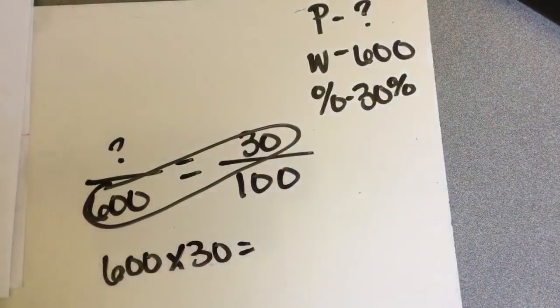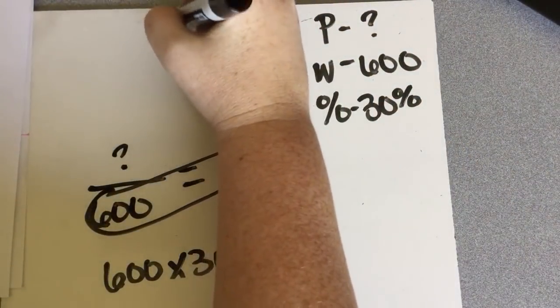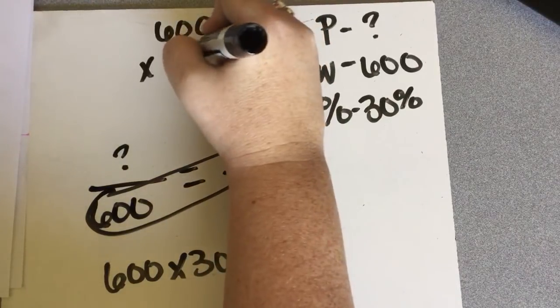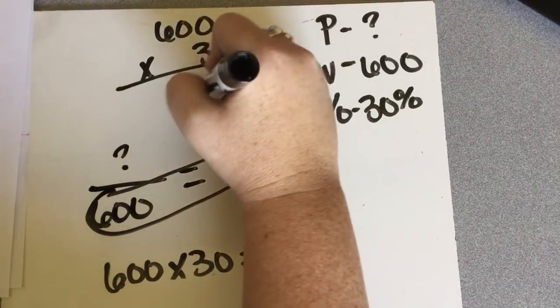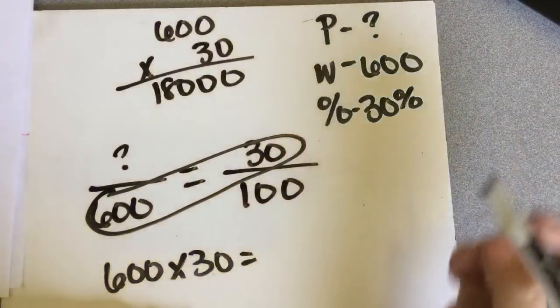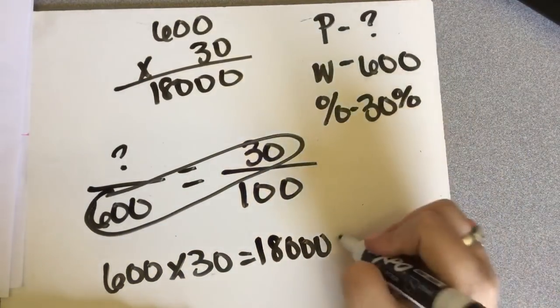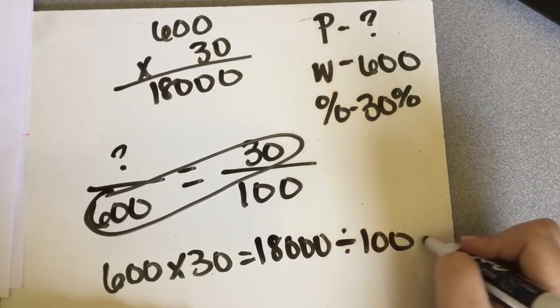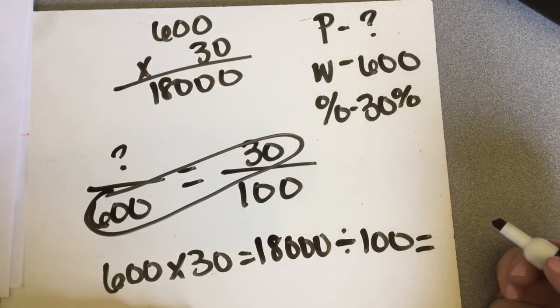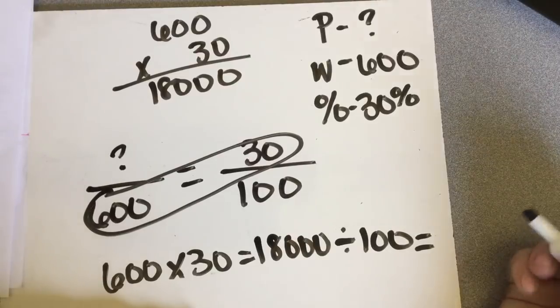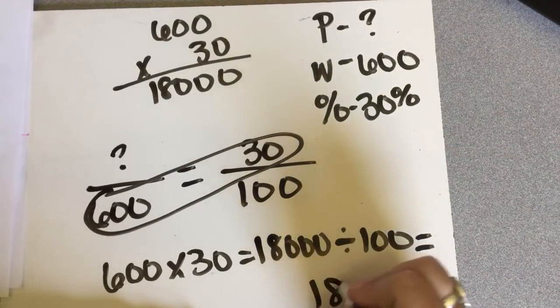And just to double check myself, I'm going to do this up here. Okay, so 18,000 divided by 100, and that should be 180.